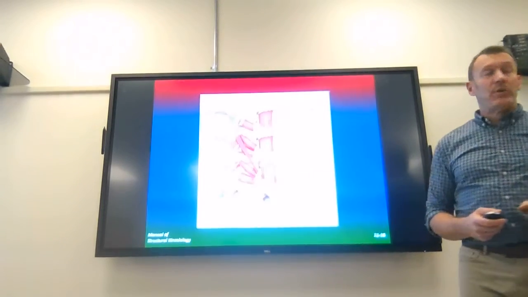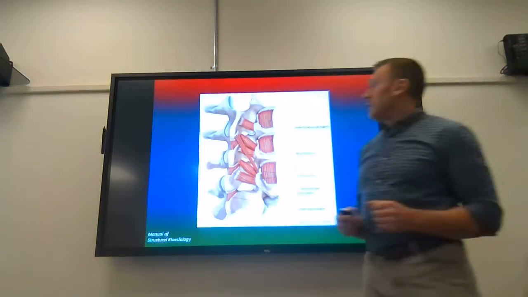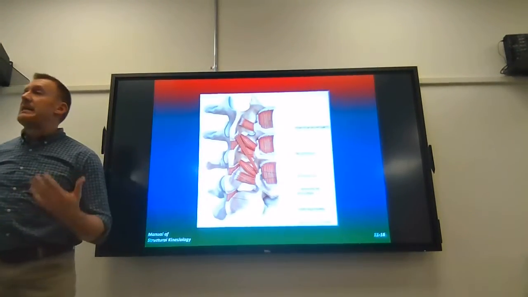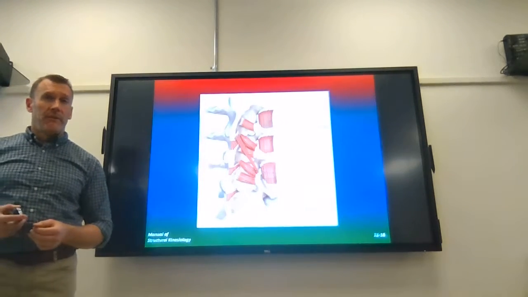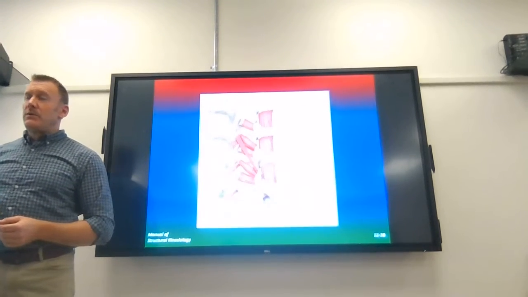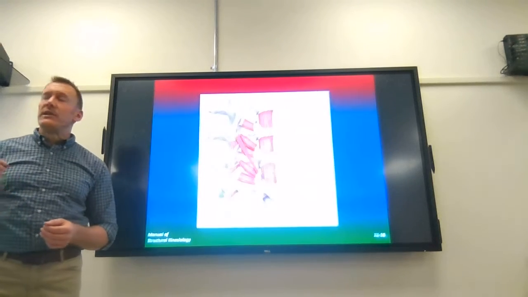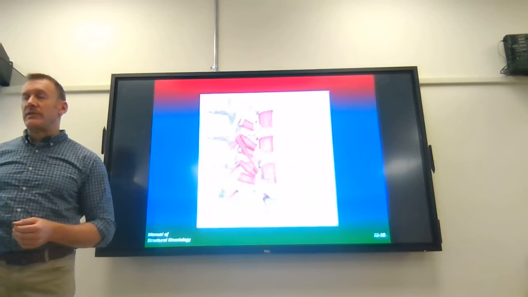So as an example, muscles like what you see here have a very high density of muscle spindles. So these muscles attach to adjacent vertebrae. They're very small and have lots of sections.